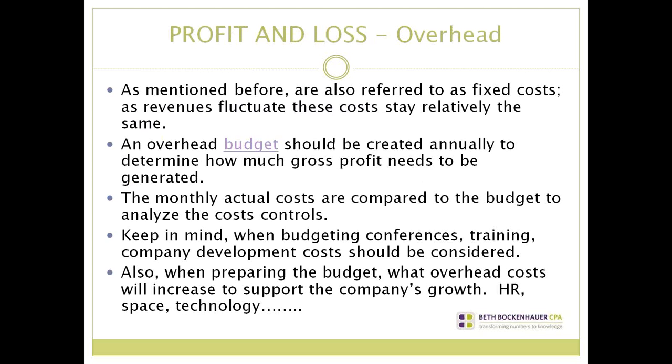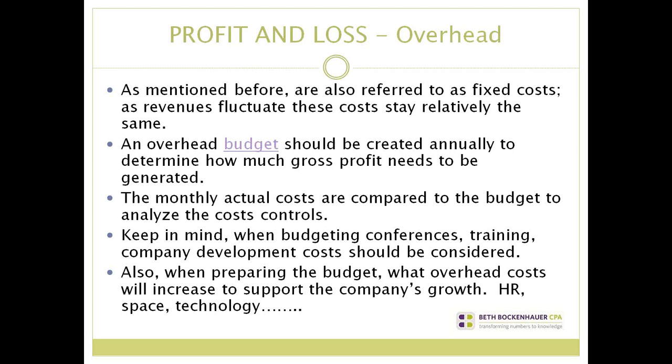As mentioned before, overhead costs are known as fixed costs, and one way of managing them is creating a budget. The budget should be created annually, and it should determine how much gross profit needs to be generated. We start from the bottom up: I calculate how much it's going to cost me just to run my business.